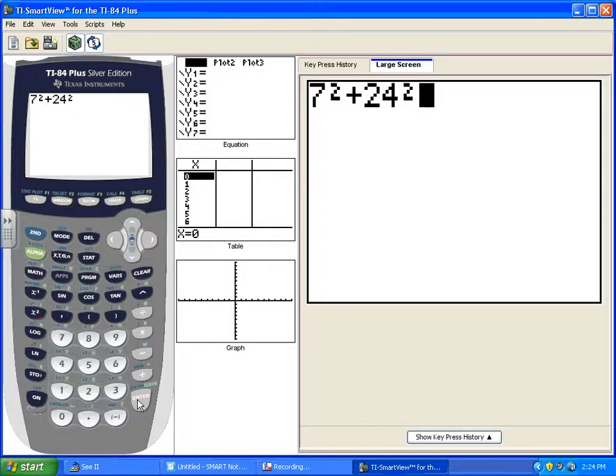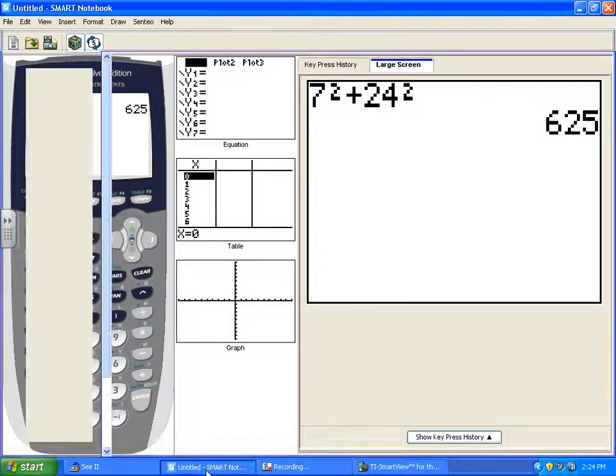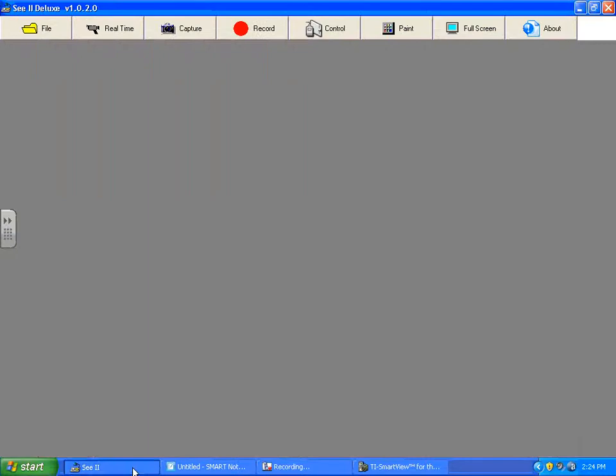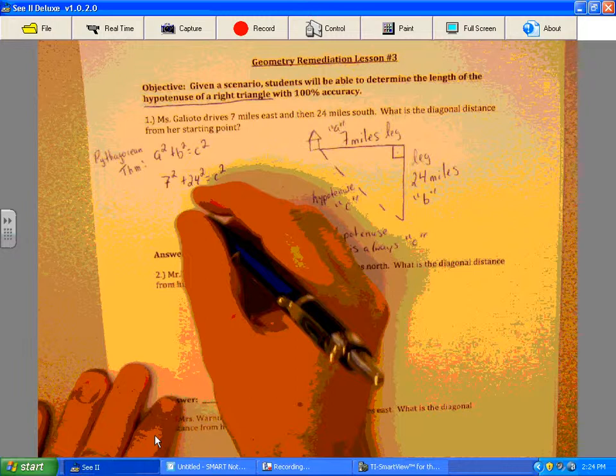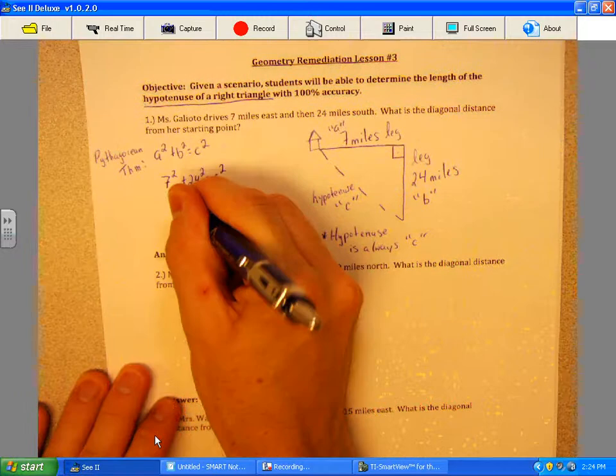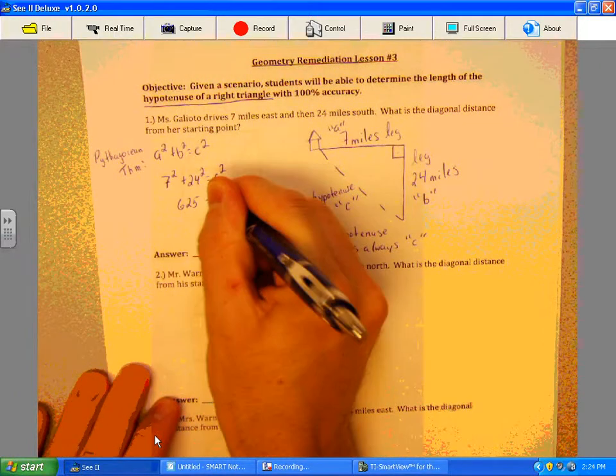And we hit enter, and we get 625. So 7 squared plus 24 squared is 625, and that's going to equal c squared.